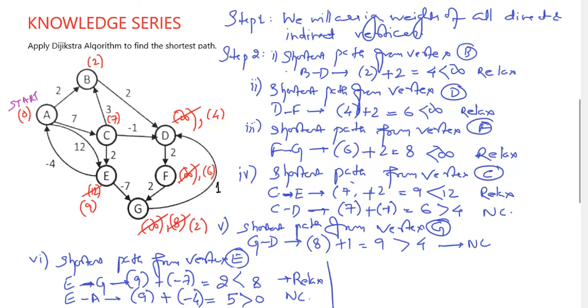So when you see the path up to G, it follows the path A, B, D, F, G. So this is the path it has followed.